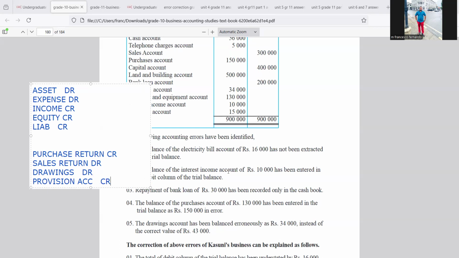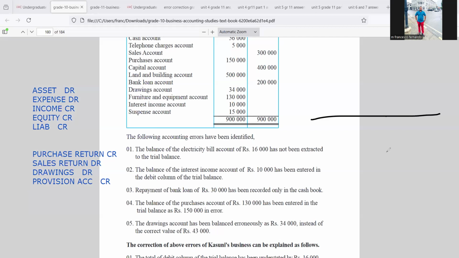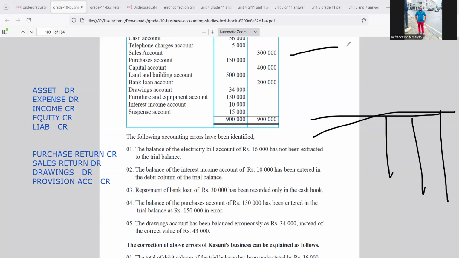Here, interest income account has been entered in the debit column of the trial balance. Interest income should be on the credit side, because interest income is an income and the normal balance is credit.